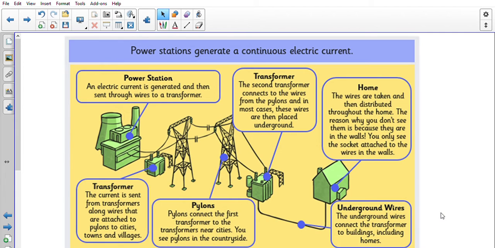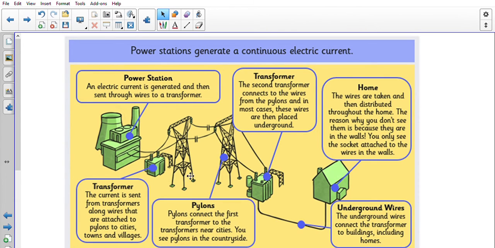Power stations generate a continuous electric current, so it's constantly producing electricity. An electric current is generated and then sent through wires to a transformer. The second transformer connects the wires from the pylons, and in most cases these wires are then placed underground.